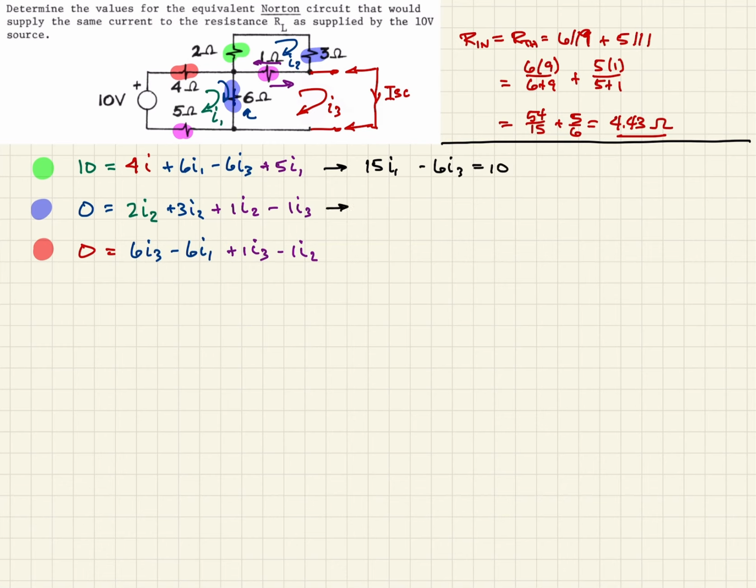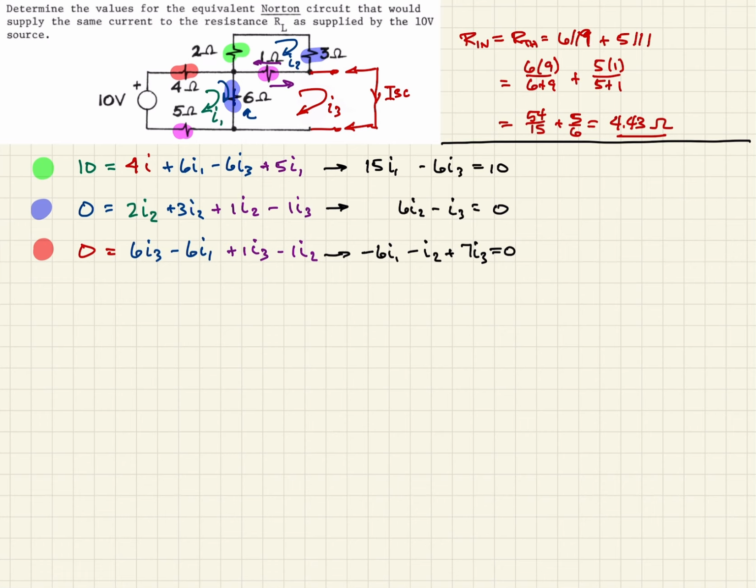This next equation is going to be 6I2 minus I3, and that's going to be equal to 0. And then finally, we'll have from this equation minus 6I1 minus I2 plus 7I3, and that's also equal to 0.